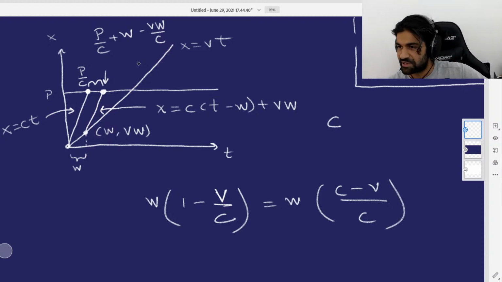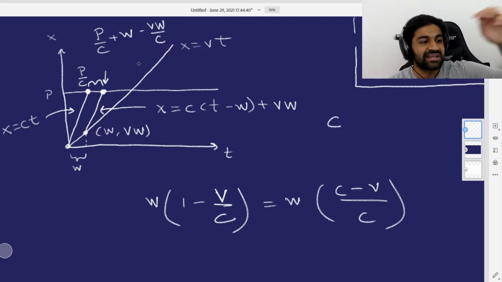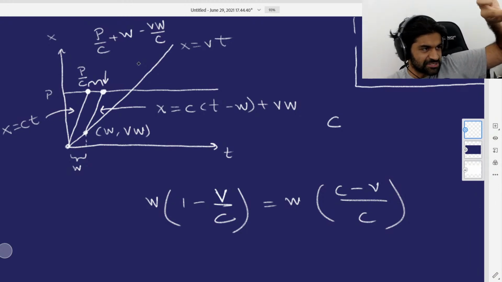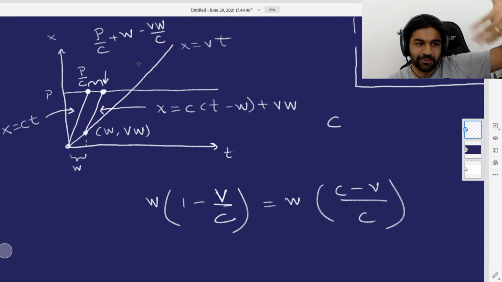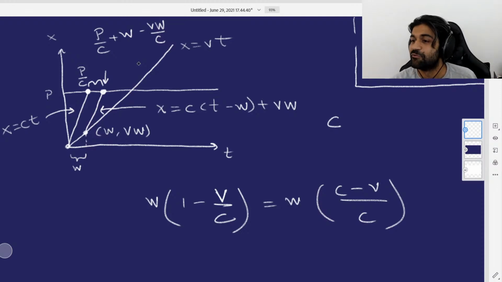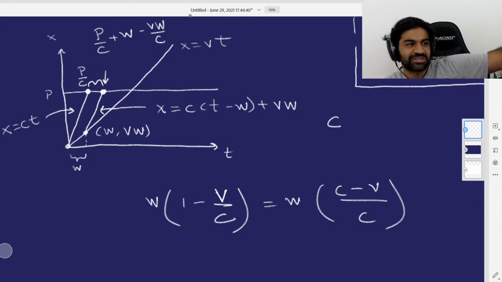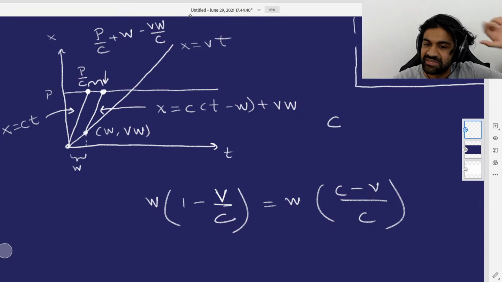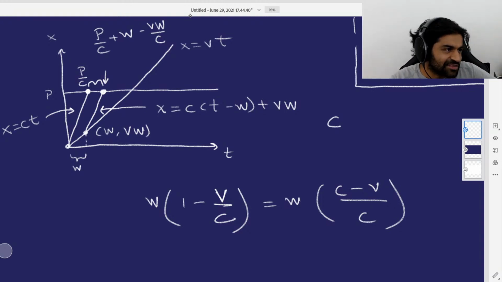So you start out with W, and the stationary object will get a time difference with a factor of (c minus v) over c. So just keep that number in mind. It's going to be (c minus v) over c, the shrinkage going from the moving object to the stationary object. This is just line arithmetic, so hopefully it makes sense.